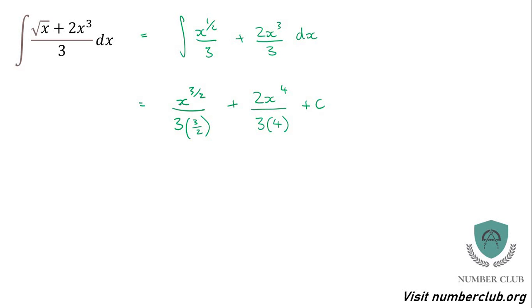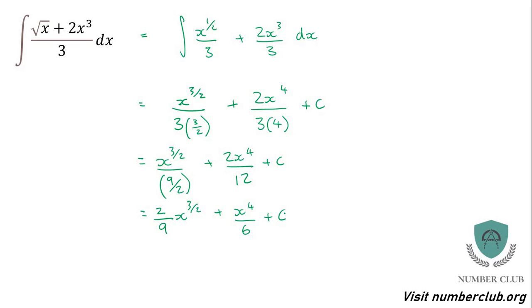Okay, again, sometimes people find these things really confusing. Here what we'll get is going to be x to the power of 3 over 2 over 9 over 2 plus 2x to the power of 4 over 12 plus c, which will be 2/9 x to the power of 3 over 2 plus x to the power of 4 all over 6 plus c.